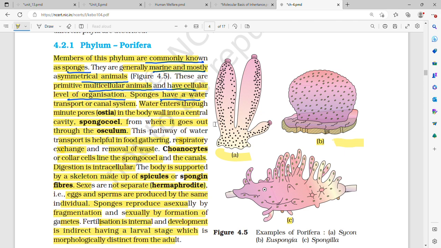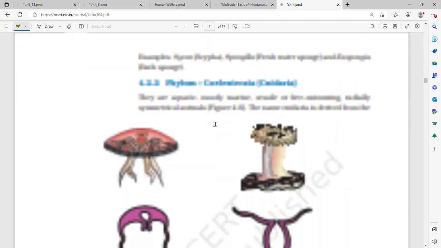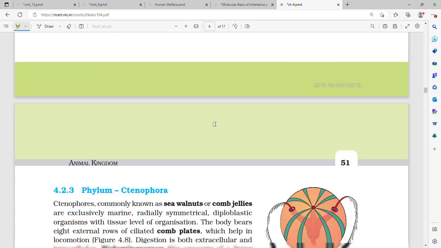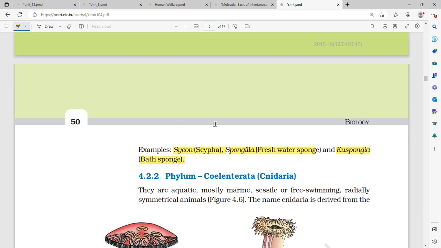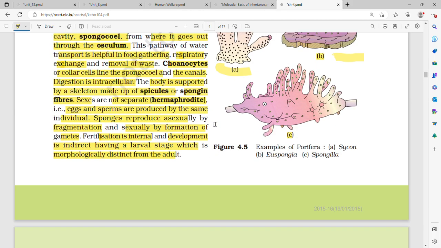So phylum Porifera, they are commonly called sponges or pore bearers. They are generally marine, mostly asymmetrical, except for Spongilla, which is a freshwater sponge.